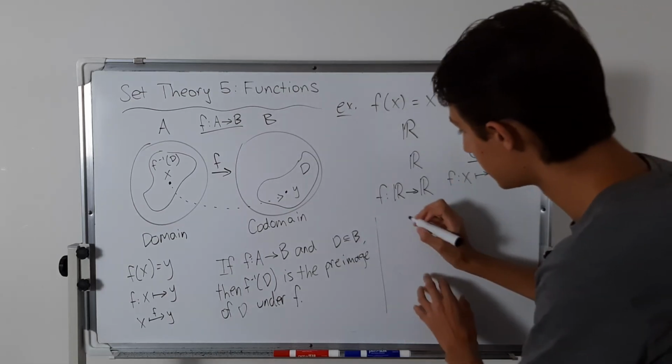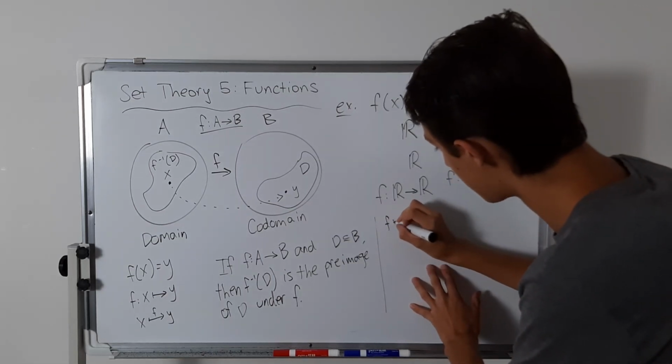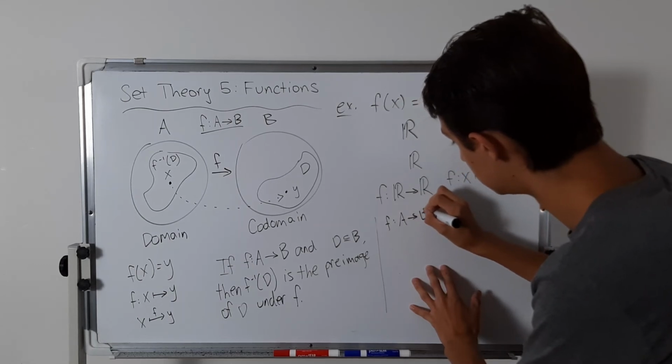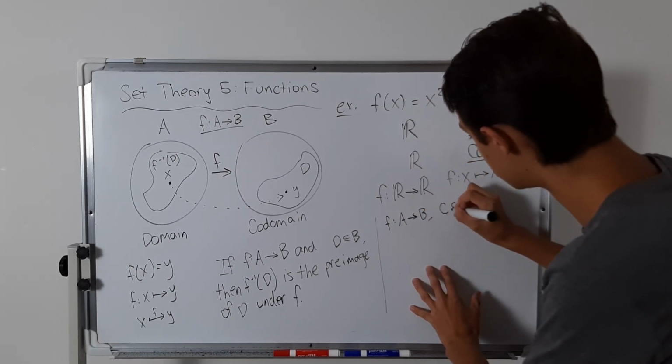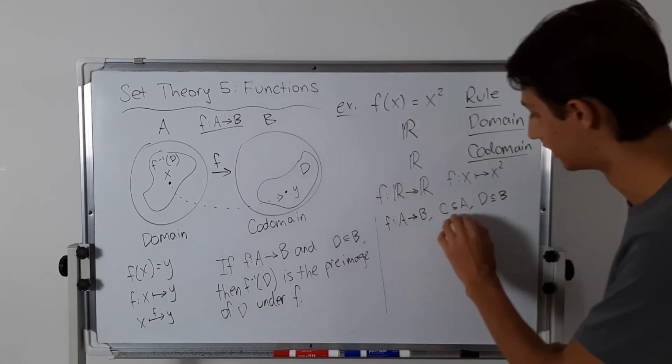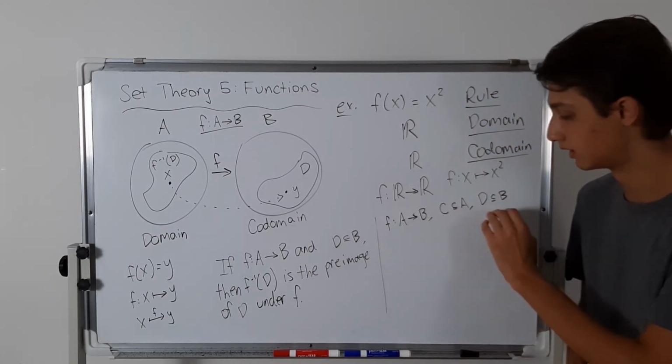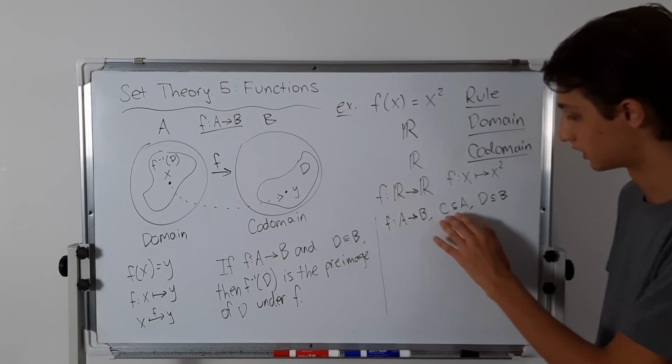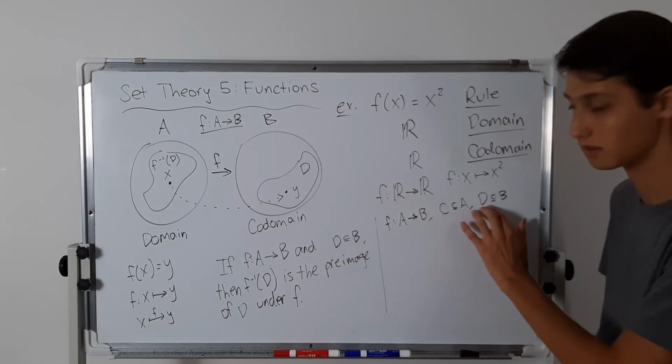So we have f mapping from A to B. C is a subset of A, and D is a subset of B, where A is the domain and B is the codomain. So a subset of the domain, and a subset of the codomain right there.